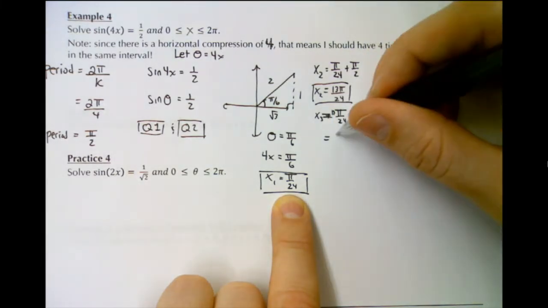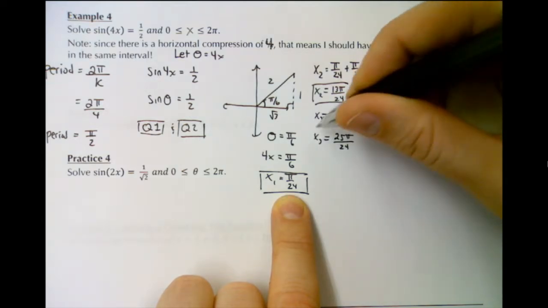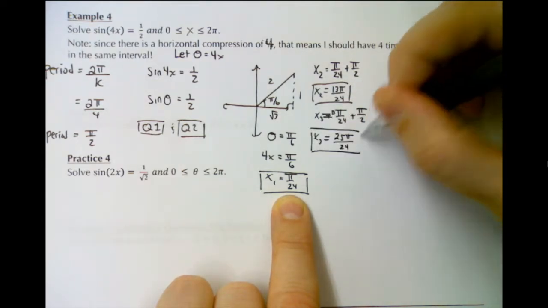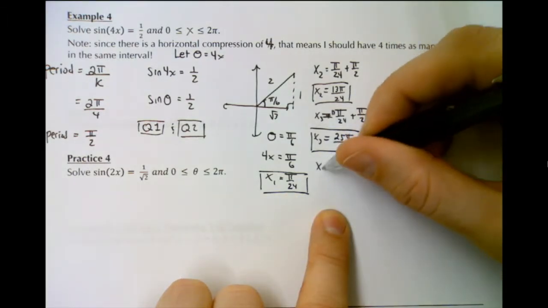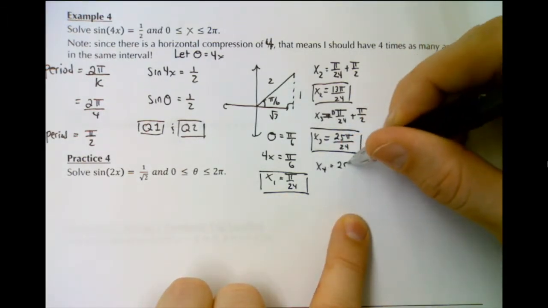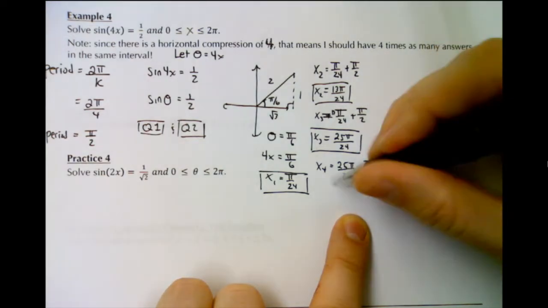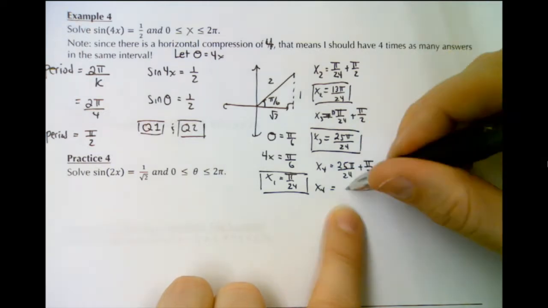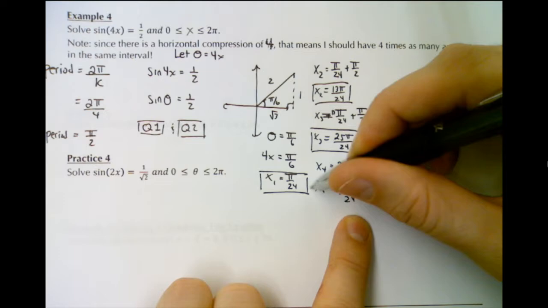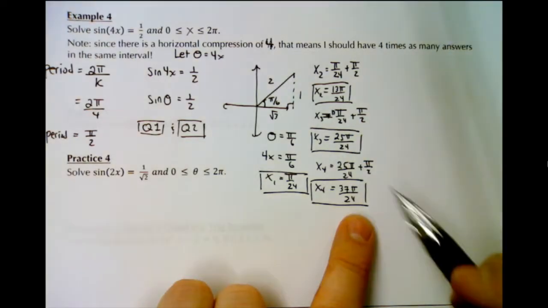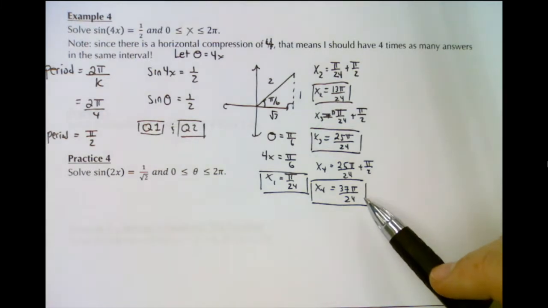And that'll give us 25 pi over 24, which is slightly over 1 pi. And since we're going from 0 to 2 pi, we got to add it again. So that would be 25 pi over 24 plus pi over 2. And that'll give us 37 pi over 24. If we add pi over 2 again, we get an angle that's bigger than 2 pi, so it's outside the domain, so we actually stop here.